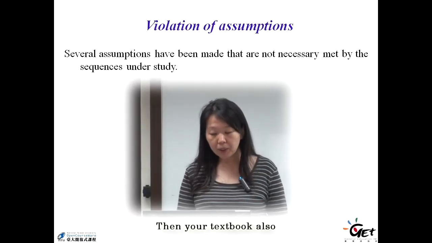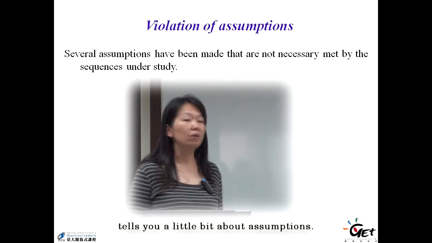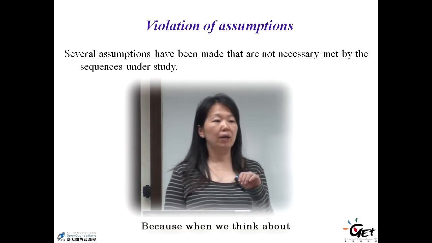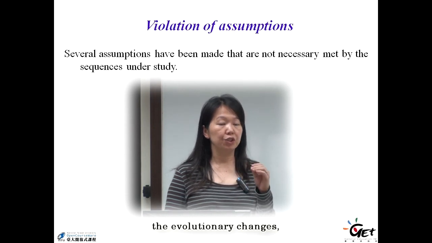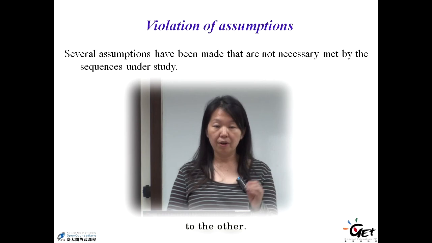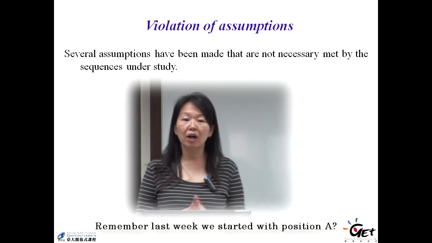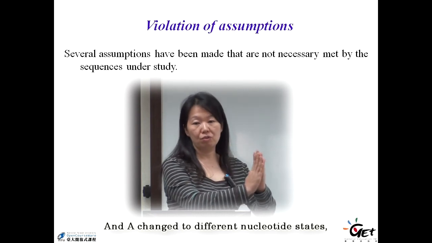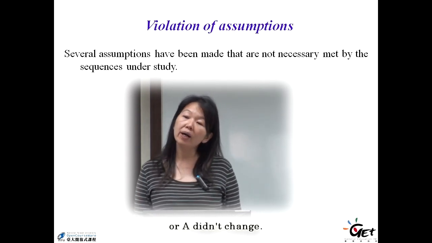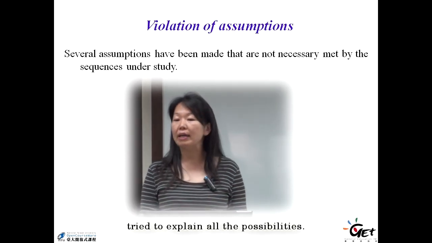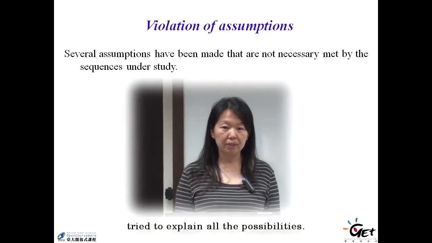Then your textbook also tells you a little bit about the assumptions. When we think about evolutionary changes, the nucleotide changing from one state to another, remember last week we started with position A, and the A changed to different nucleotide states, or A didn't change. That's how we tried to explain all the possibilities.